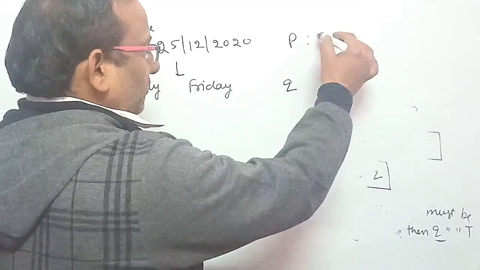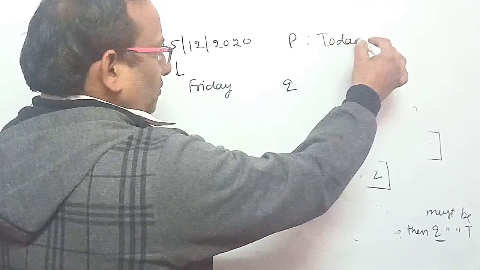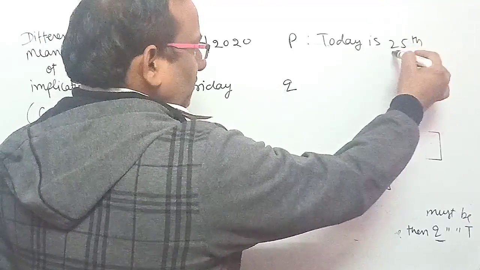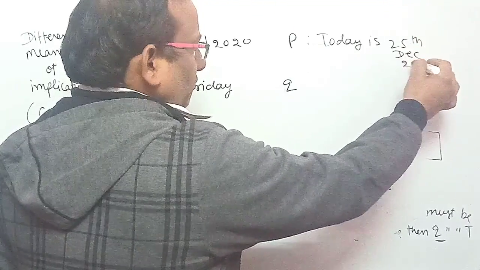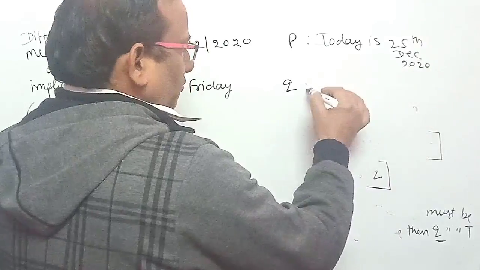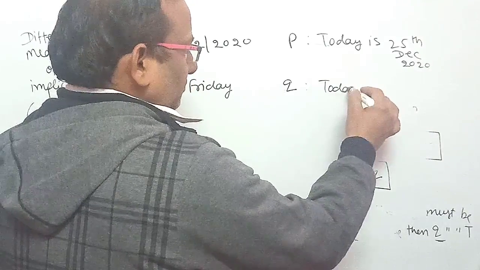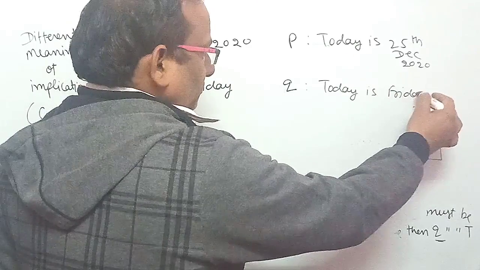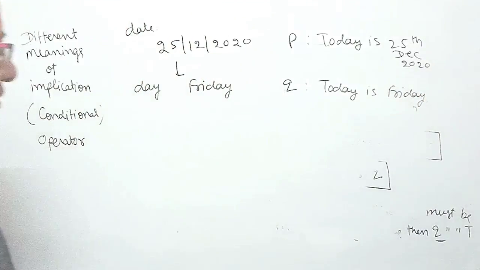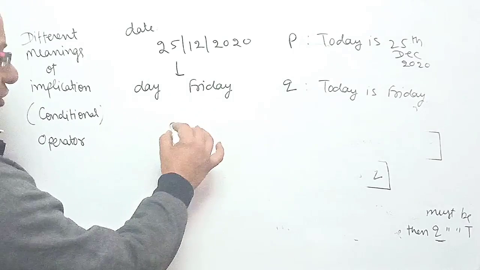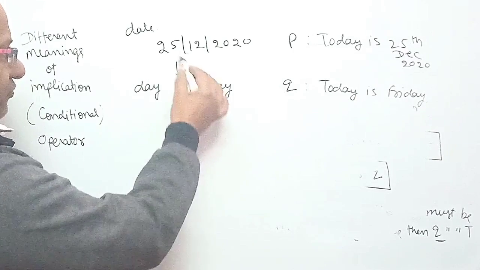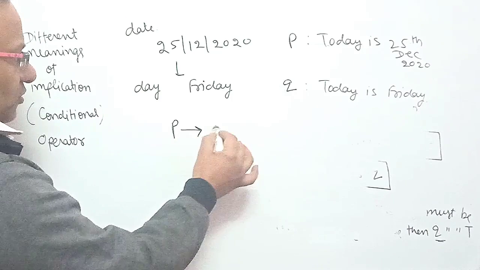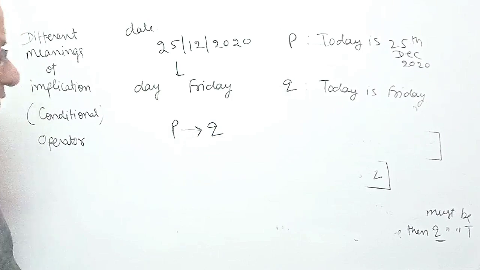So P means today is 25th of December 2020 and Q means today is Friday. So if today is 25th December 2020, then today is Friday.